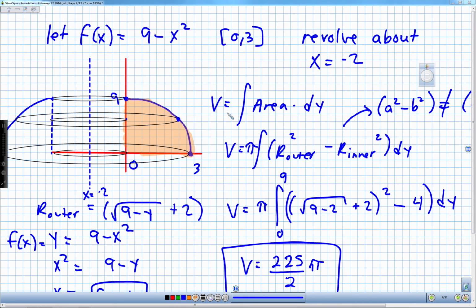The volume is equal to my area times my thickness, and when I try to describe the area of my washer, whether it's horizontal or vertical, it's still going to be r outer minus r inner, or the area of the outer minus the area of the inner. And so let's go ahead and summarize this in writing.